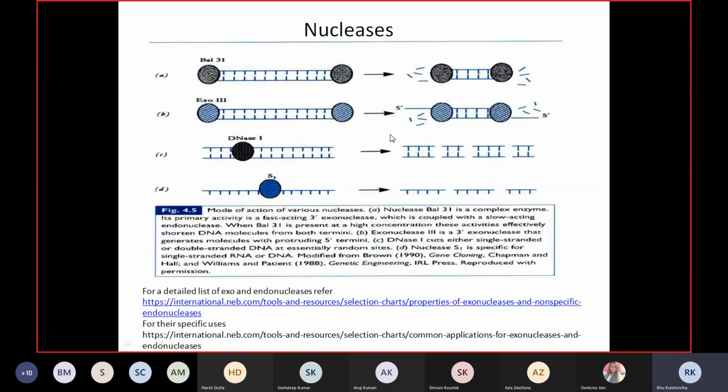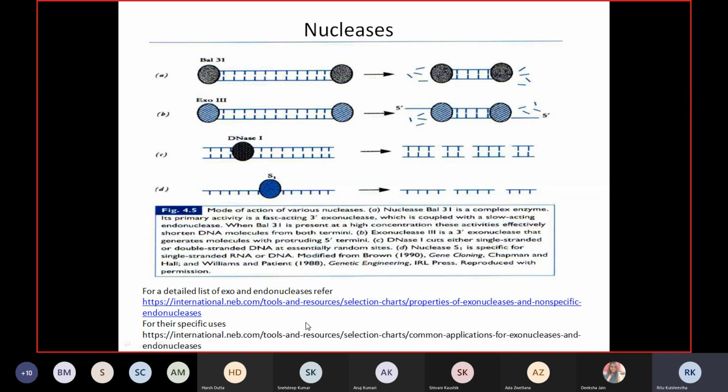It works on both single and double-stranded DNA, and it makes breaks in between. And S1 nuclease is the one which acts only on single-stranded DNA. All these points you must remember when you are doing specific applications.